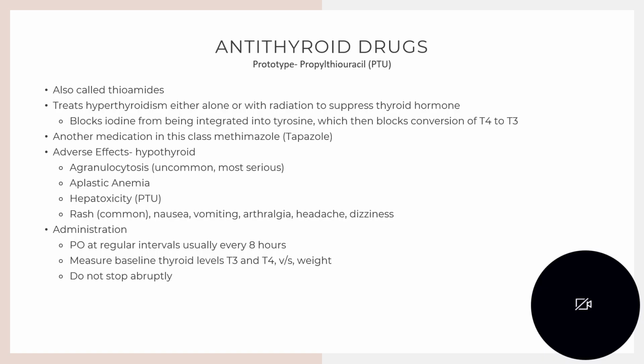So I'm looking at TSH, T3, T4 to see what those levels are and if my treatment is effective, if I'm giving too much, if I'm not giving enough. Also monitoring vital signs, their weight, and making sure that they don't stop this abruptly. PTU can be used during pregnancy, and just know that if this is stopped abruptly, it can cause thyroid crisis.